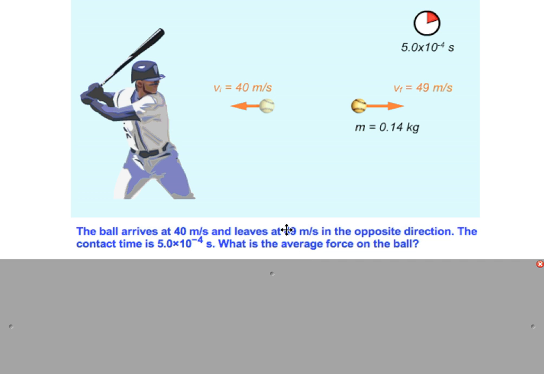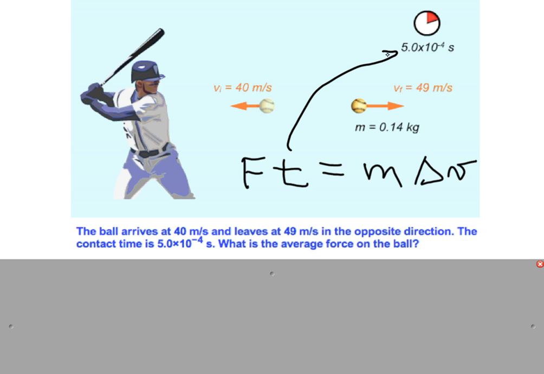And so basically we're going to say that the impulse of the collision, force times the time of contact, is equal to the change in momentum of the ball. So to calculate the change in momentum, we need to know the change in velocity. We know the time of contact is 5 times 10 to the minus 4 seconds. The mass is 0.14 kilograms.